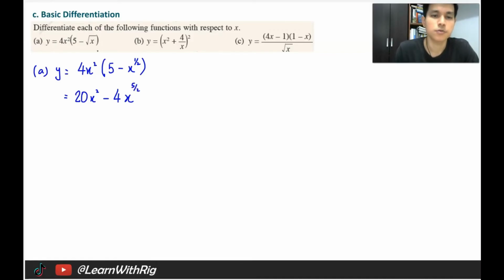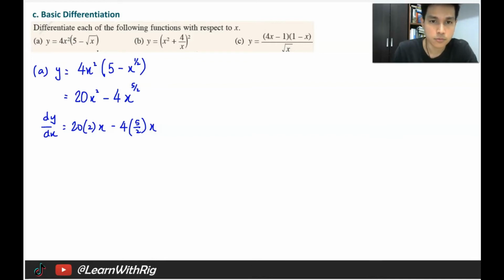So now with this, you can straight away differentiate. You differentiate, you get 20, and then the 2 multiplies by the 20. X power 2 minus 1 is 1, so you just write x there. Next, 4 times 5 over 2, x power 5 over 2 minus 1, which is 3 over 2, correct?